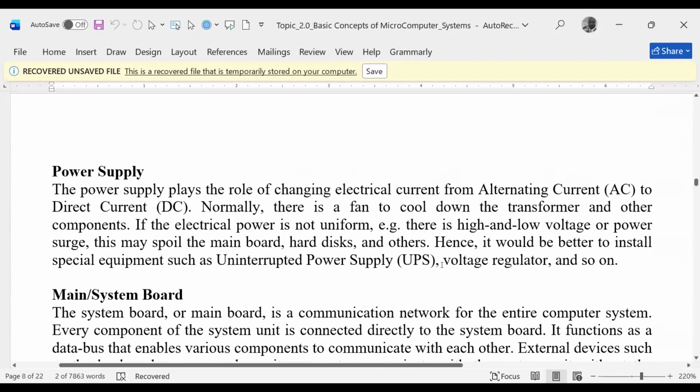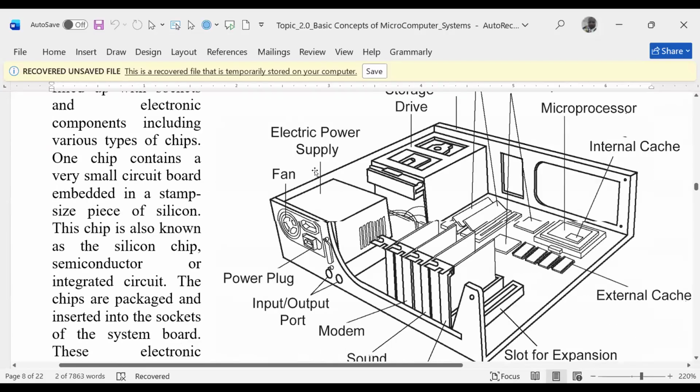There's something called the power supply, and this is the power supply here. Every PC or every computer has a power supply. This power supply provides electrical power to all the components in the computer system.